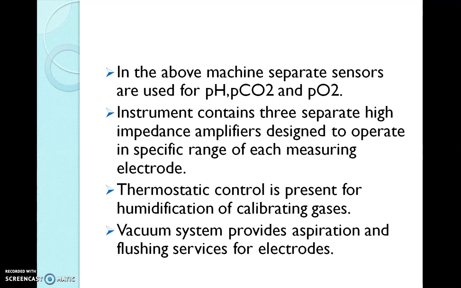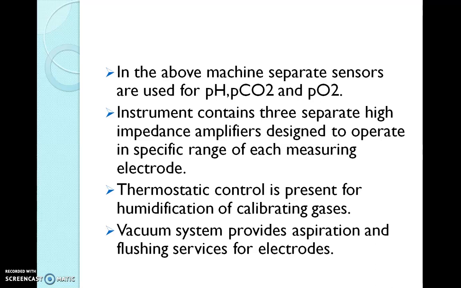The gases required are oxygen at 12% and 0% for slope, and CO2 at 5% and 10% for slope. These O2 and CO2 gases are used with precision regulators for flow and pressure control.